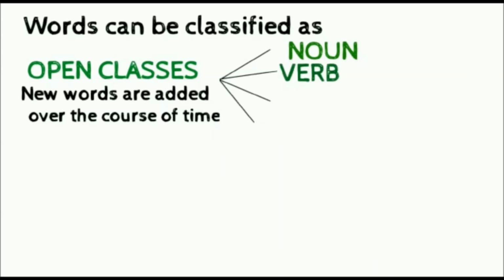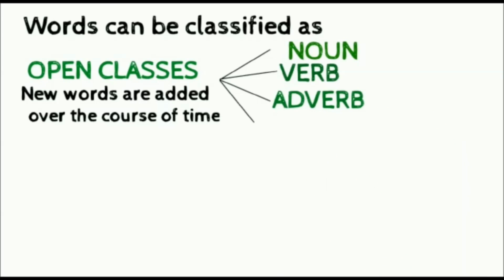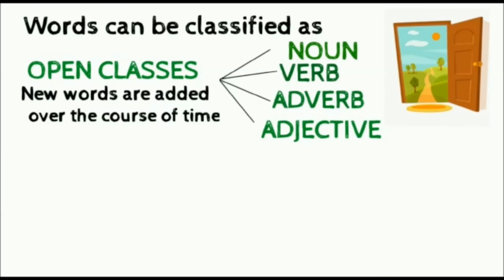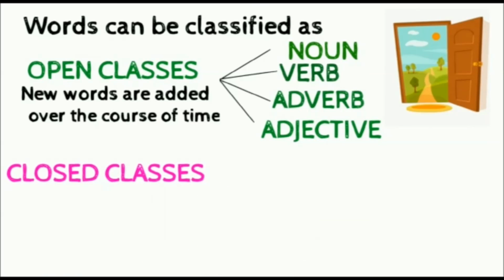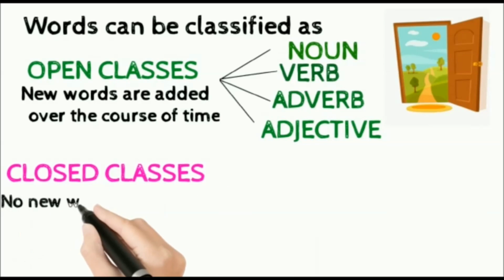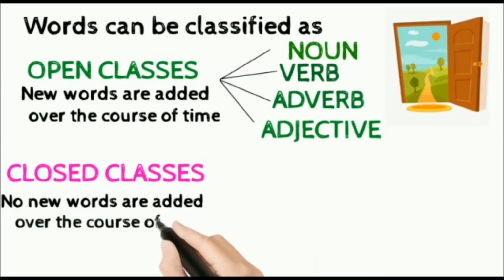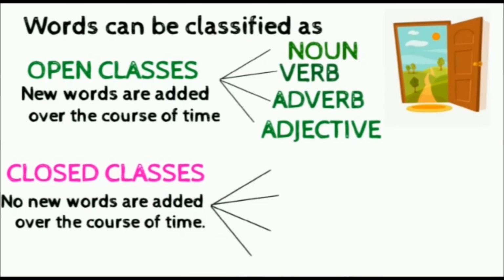The next class is the closed class. In closed class, as the name suggests, there are no new words added over the course of time. So the words that come under the closed class are pronoun, preposition, determiners, and conjunctions.